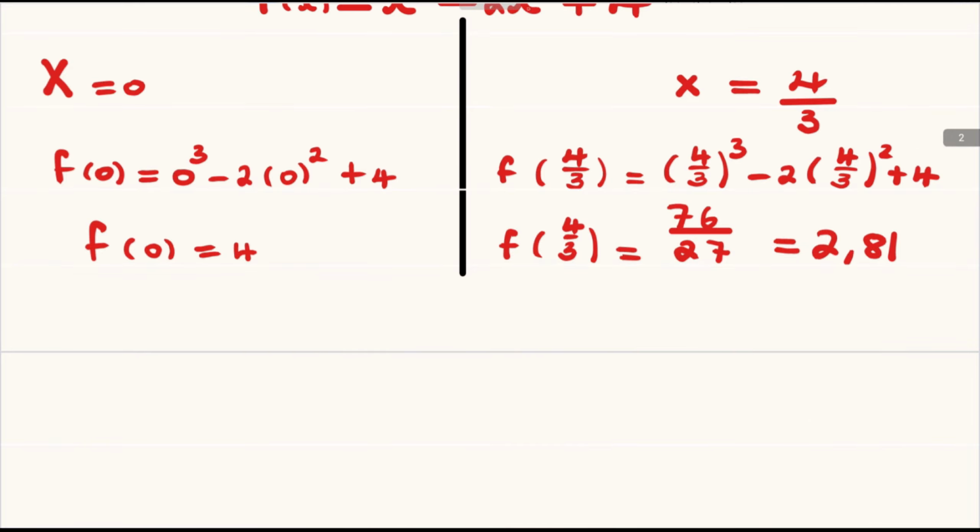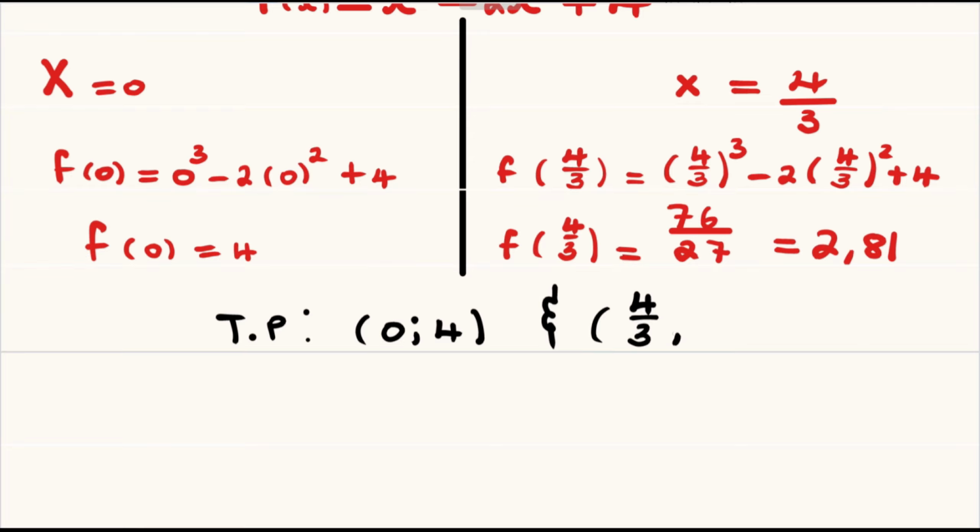The coordinates of the turning points: when x is equal to 0, y is equal to 4, and when x is equal to 4 divided by 3, y is equal to 2,81, and these will be our coordinates.